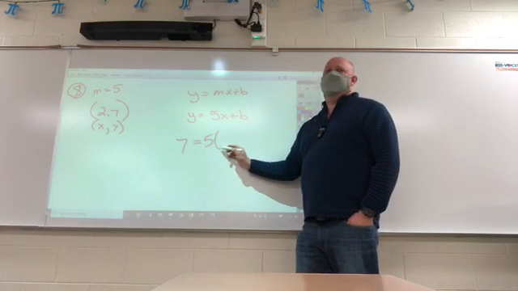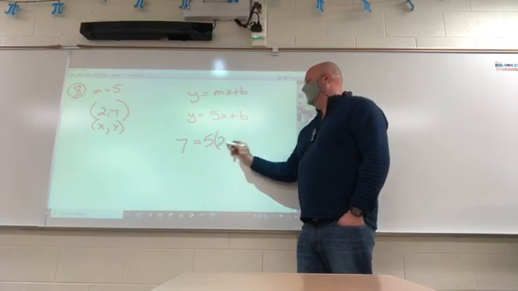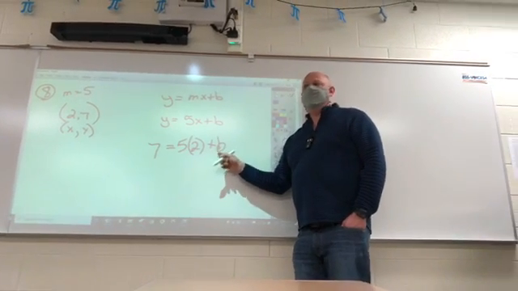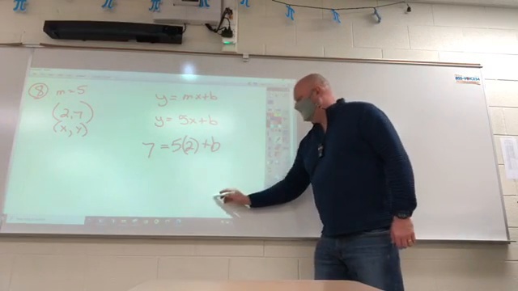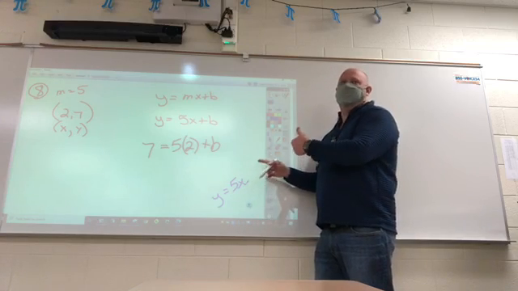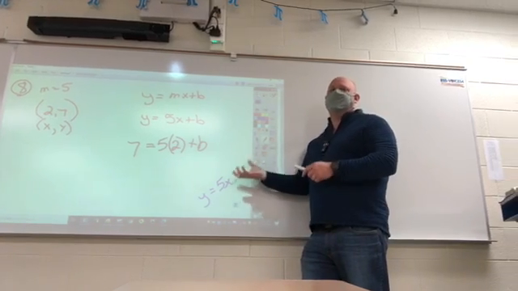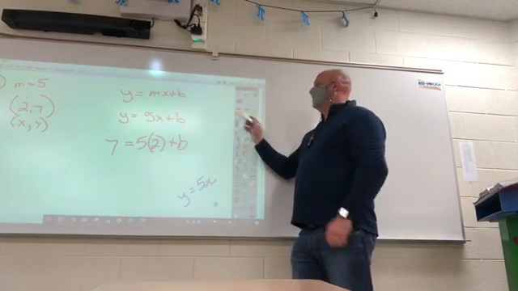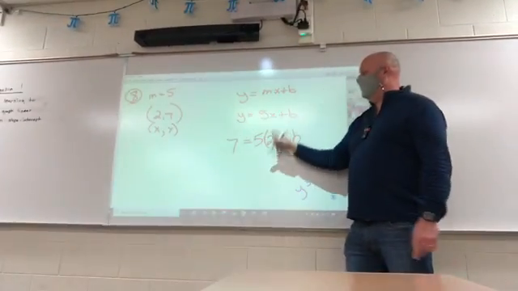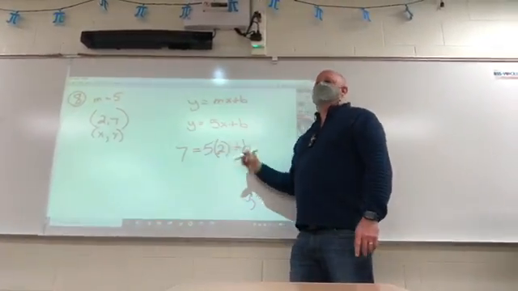Instead of the x, I can plug in the 2. And then I can solve this for the b. I know my answer is going to be y equals 5x plus something or minus something. I just don't know what that something is yet. So what we're going to do is plug in the x and y and solve this.